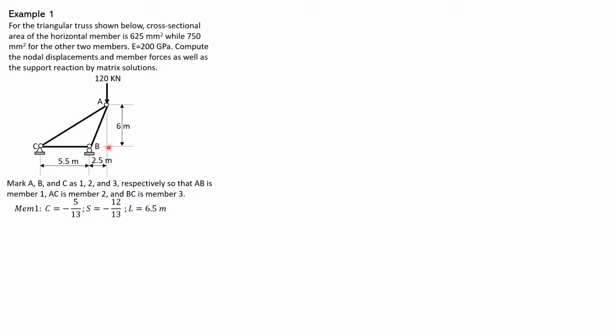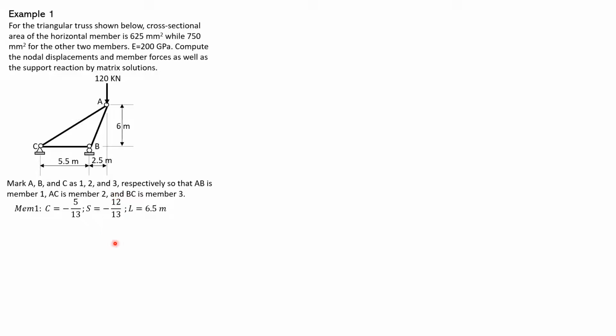Cosine is negative 2.5 over the square root of 2.5 square plus 6 square, which gives negative 5 over 13. The length of AB is 6.5 meters. So the opposite, negative 2.5 because it is leftward, divided by 6.5 gives negative 5 over 13, while the sine of member 1 is negative 6 over 6.5, which gives negative 12 over 13.